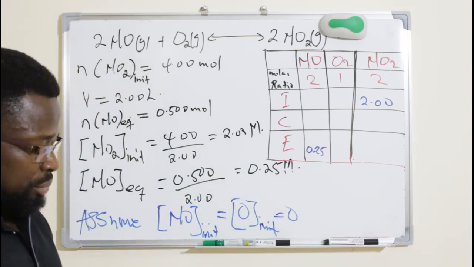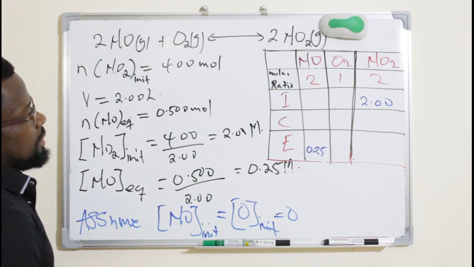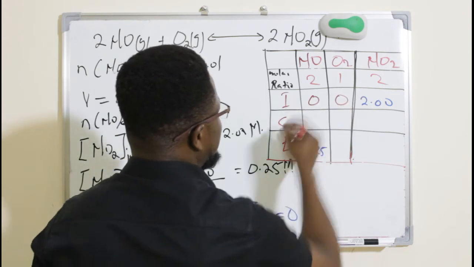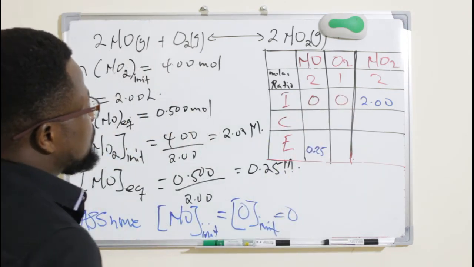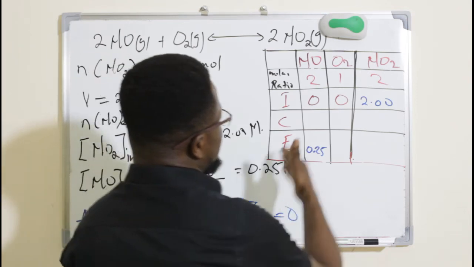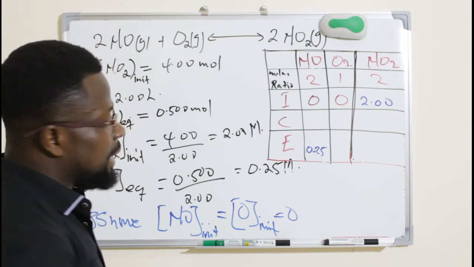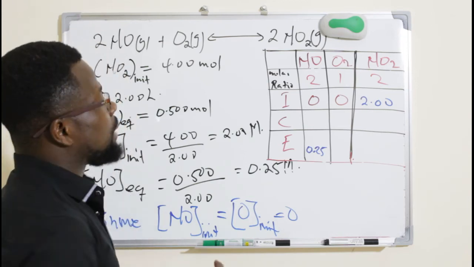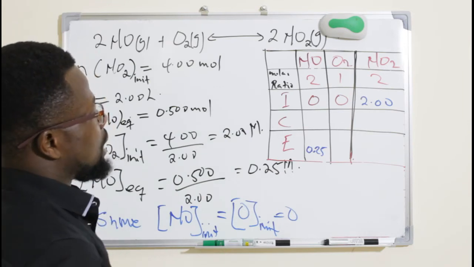Once that assumption is made, we can easily say this and this is 0. And if we put them there as zeros, we can now complete the calculations by looking at the mole ratios.